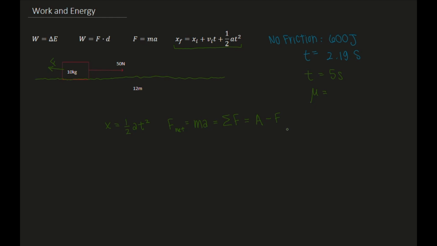If I remember that my frictional force equation is the frictional coefficient times the normal force. And what is the normal force of this block? Well, it's not floating off the ground, it's not dropping through the floor, so the normal force on the block is going to be equal in magnitude to the gravitational force.